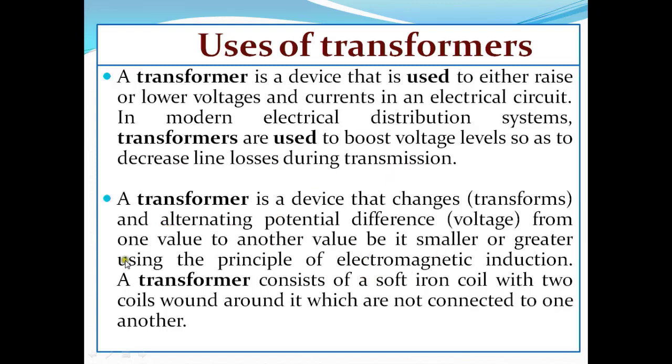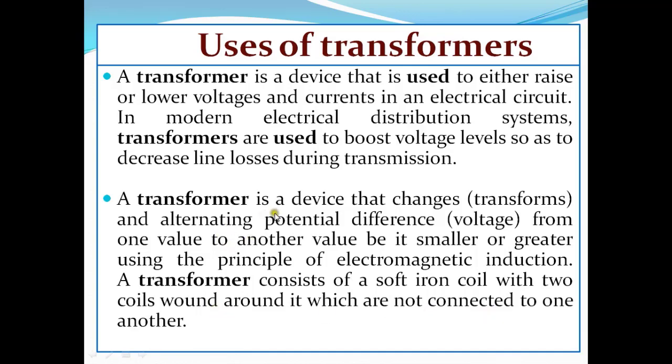Also here we have seen that a transformer is a device that changes an alternating potential difference, that is the alternating voltage or current, from one value to another value, be it smaller or greater, using the principle of electromagnetic induction. A transformer consists of a soft iron core with two coils wound around it which are not connected to one another.